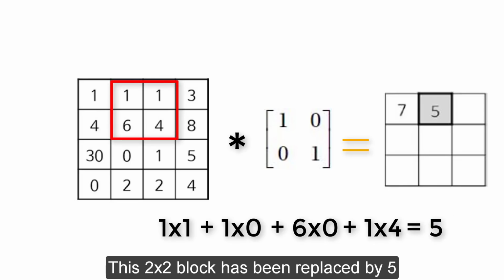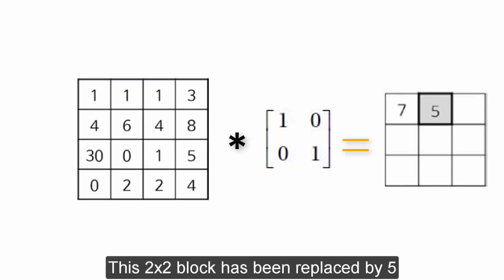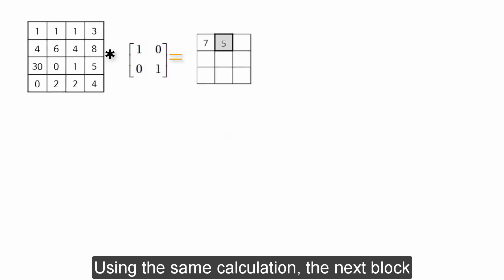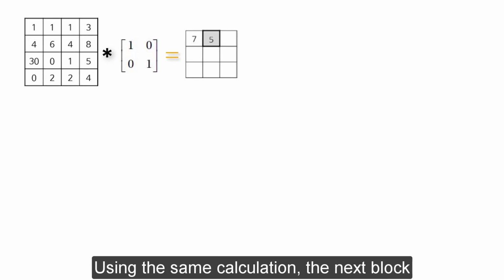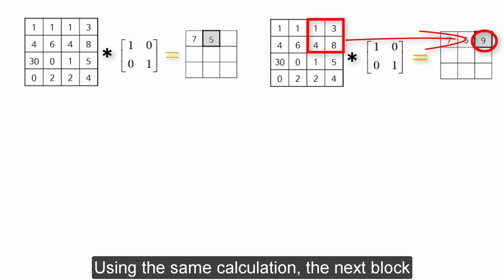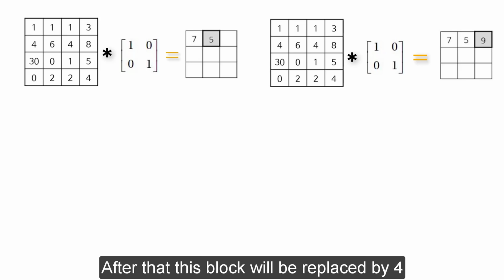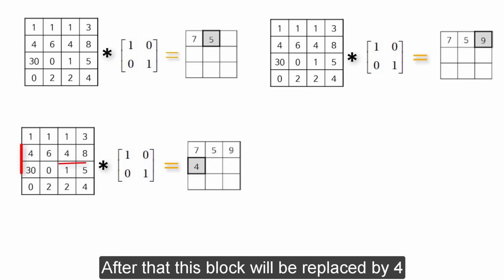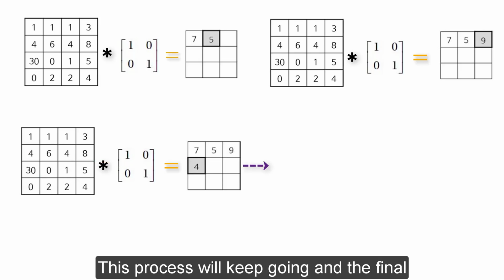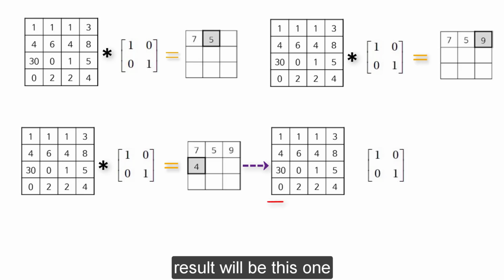This 2x2 block has been replaced by 5. Using the same calculation, the next block will be replaced by 9. After that, this block will be replaced by 4. This process will keep going, and the final result will be this one.